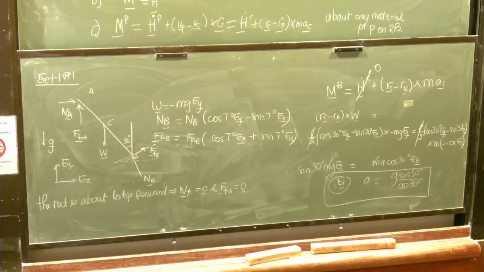Zero is equal to the moment. Yeah. So we just take that derivative. Okay, then the cross product. So L over 2 cosine 30 EY times minus sine 30 EX.